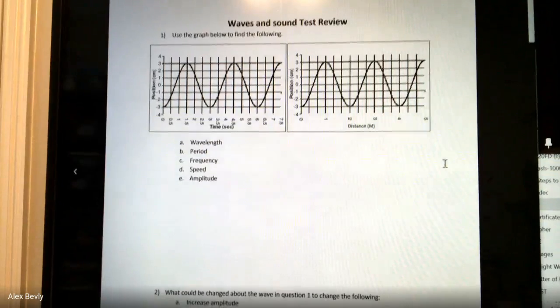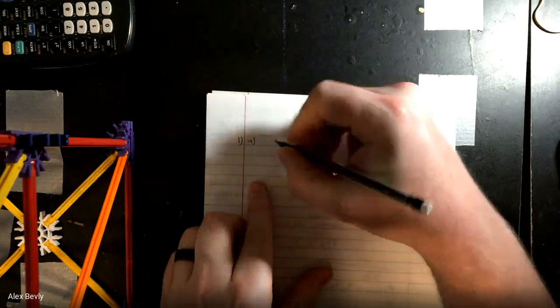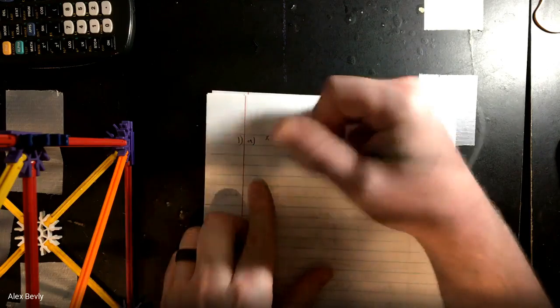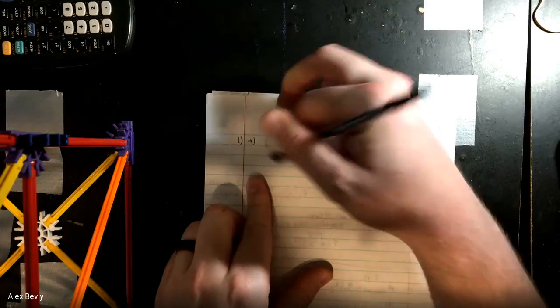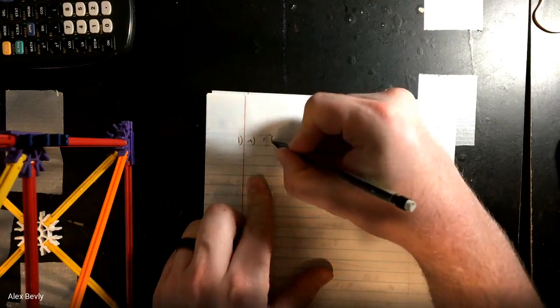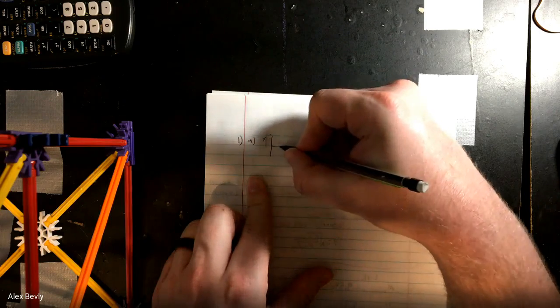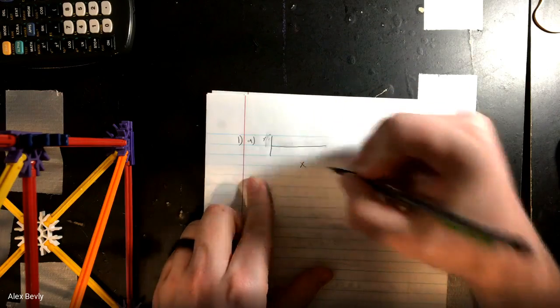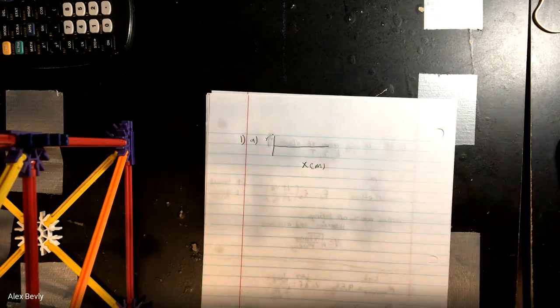Yeah, so the right graph. So for A, we want to look at the y position versus the x position down here. Is that because it's distance? Yeah, because it's distance, position, wavelength.